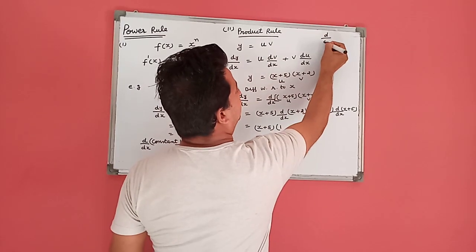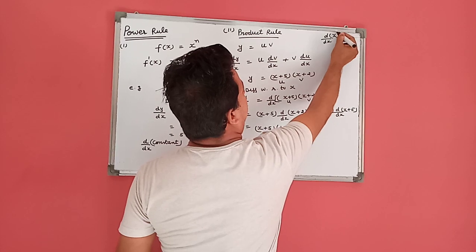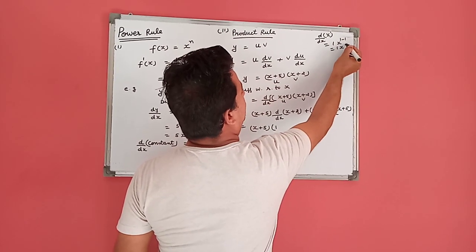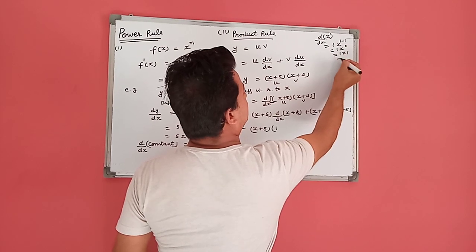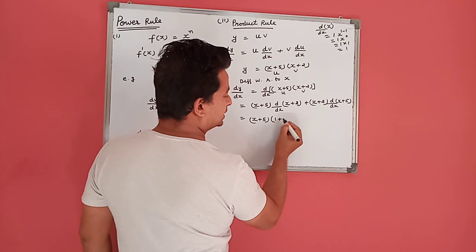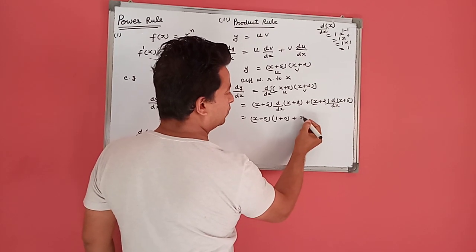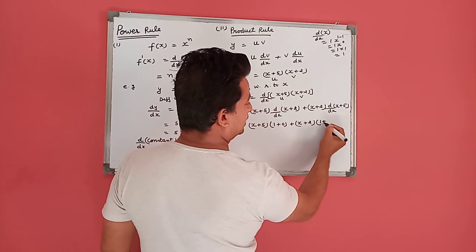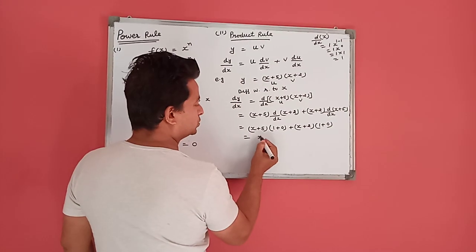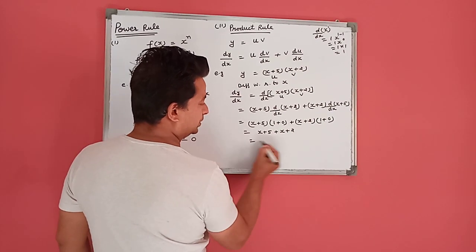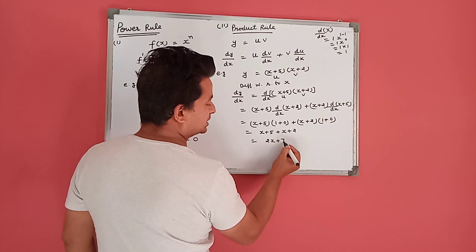When we take the differentiation of x, the power is 1, power in front, 1 minus 1 is 0, x^0 is 1, so the derivative of x is 1. 2 is a constant, its derivative is 0. For x + 2, the derivative of x is 1 and of 5 is 0. So this becomes (x + 5) + (x + 2) = 2x + 7.